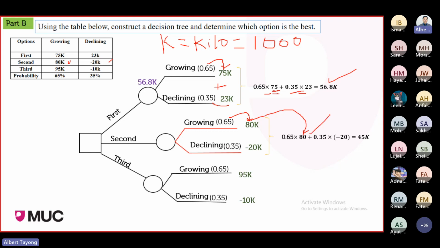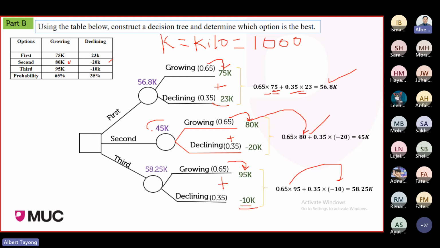So remember, plus in the middle. Okay, same here. 0.65 times 95 plus 0.35 times negative 10. Be careful if it is negative. Of course, it will change the answer.